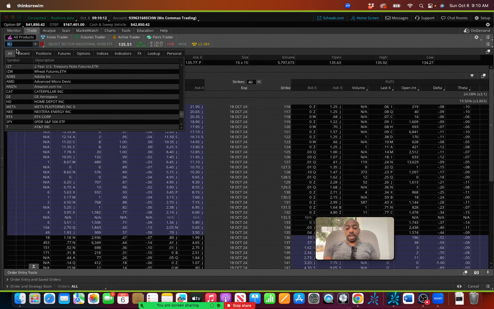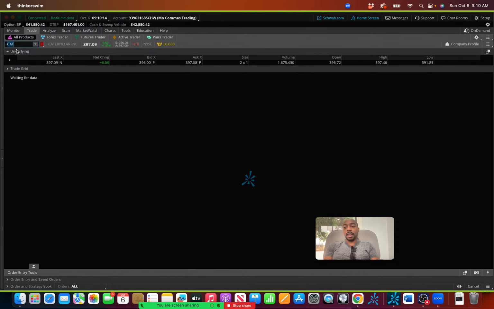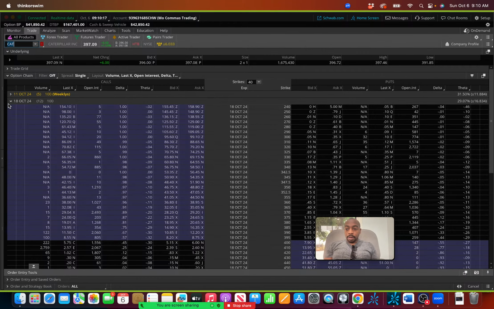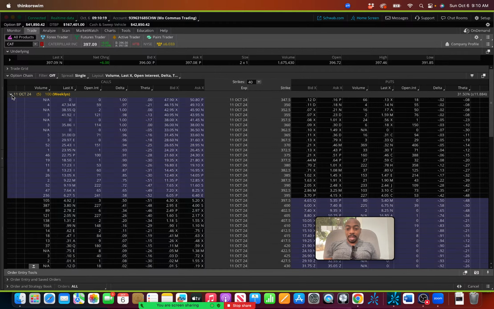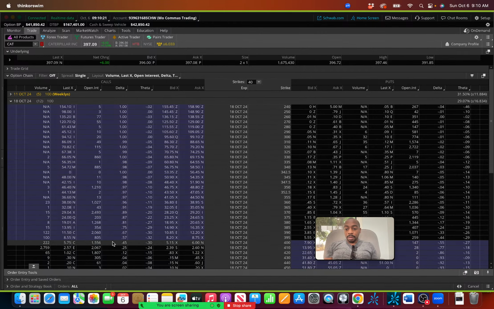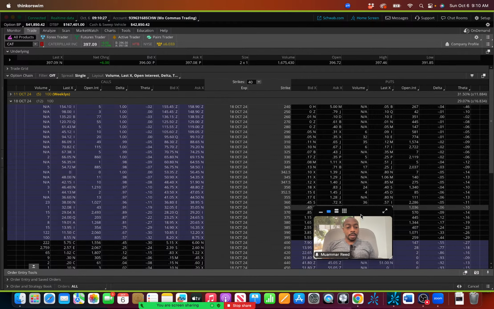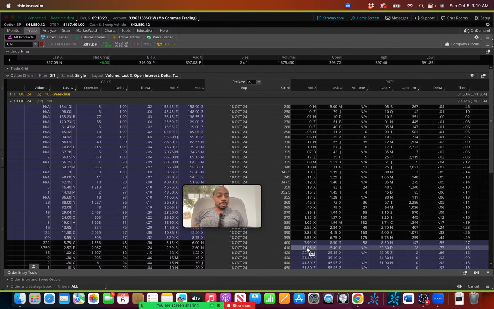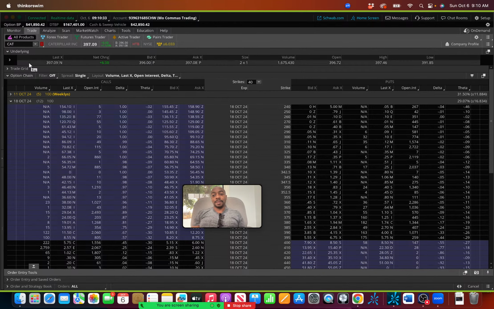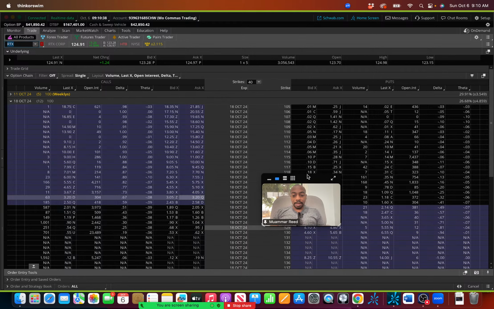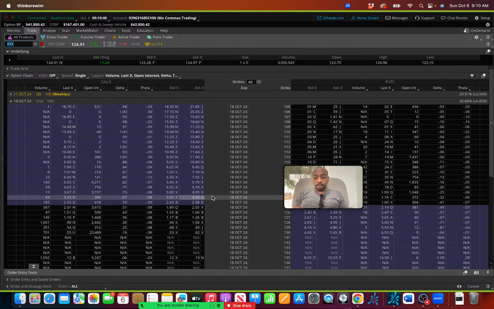I'd try to trade something as a proxy, like Caterpillar. It has expensive options, but they're more liquid. I would be more inclined to trade Caterpillar. Even Caterpillar doesn't have any liquidity for a spread, so I might not be able to trade Caterpillar too. RTX looks more like it.